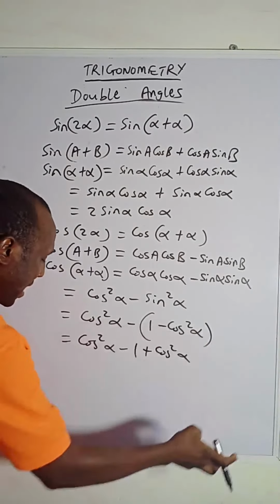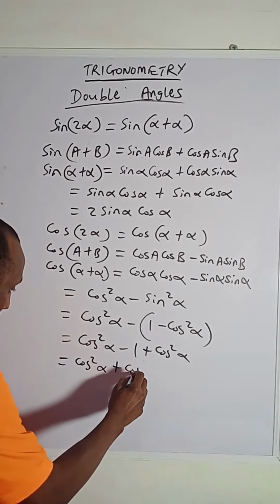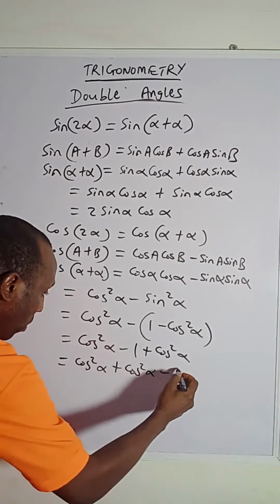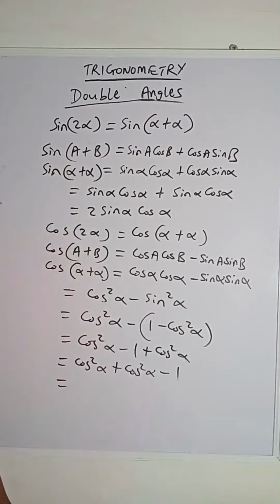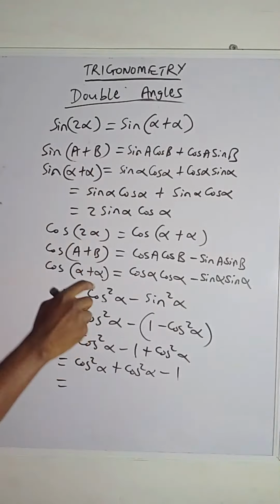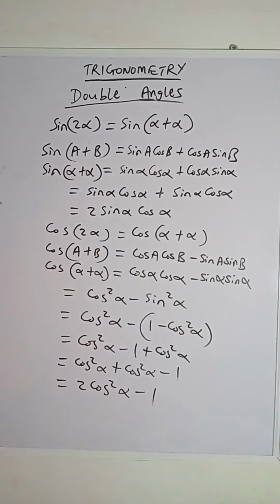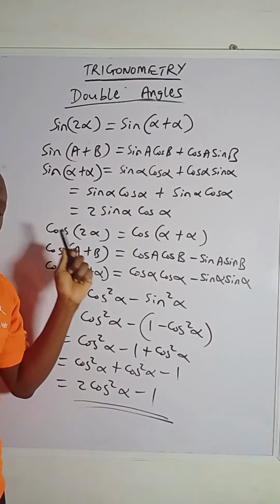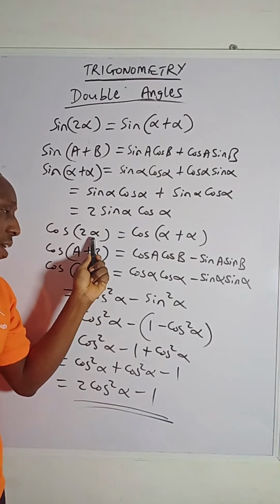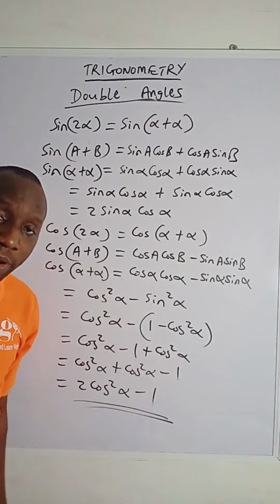So when you rearrange the terms, you have cos squared alpha plus cos squared alpha, then minus 1. Finally, cos squared alpha plus cos squared alpha is 2 cos squared alpha, then minus 1. So this is what we get for the double angle formula for cos. So cos of double the angle is 2 cos squared alpha minus 1.